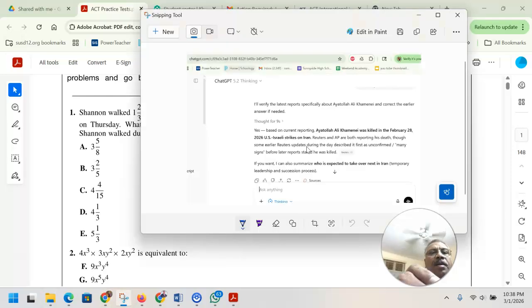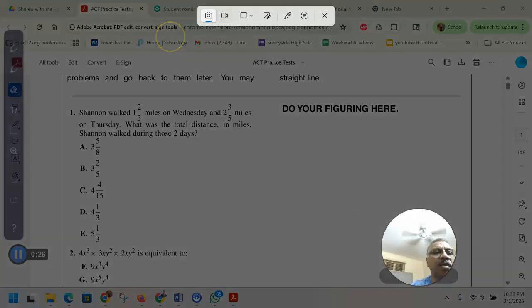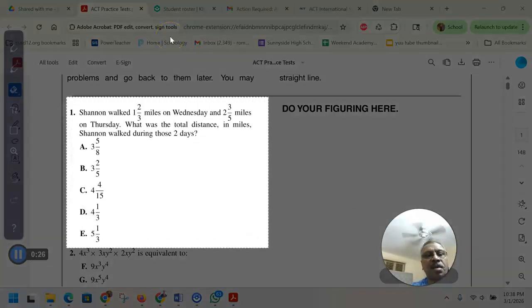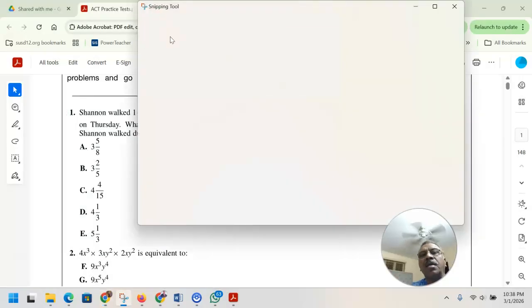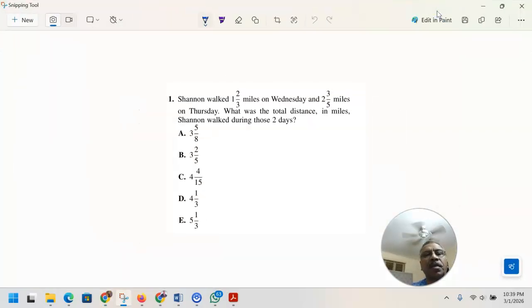So let's practice this. The first question is a seventh grade kind of question. It says Shannon walked 2/3 on Wednesday and then another 2 3/5 miles on Thursday.